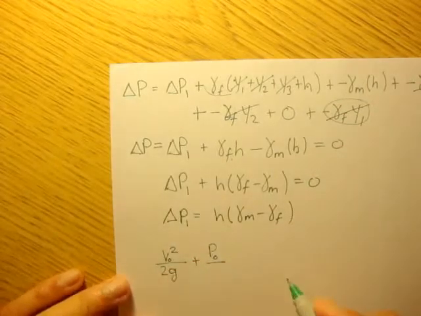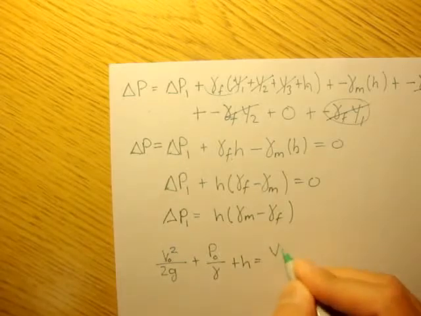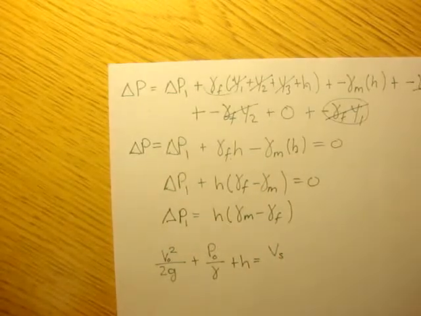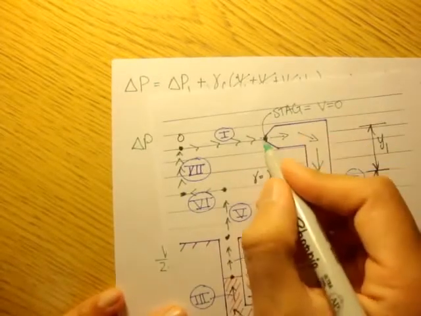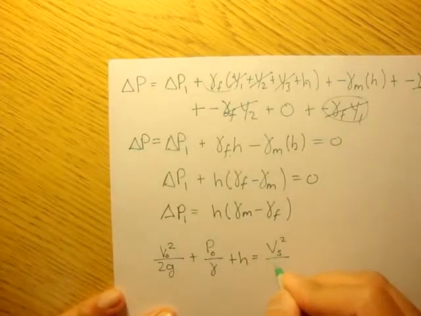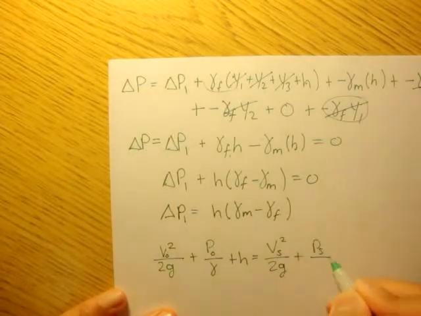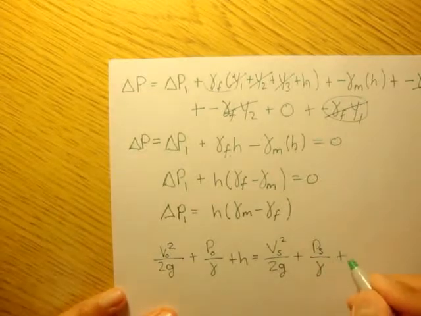So we can say V naught squared over 2G plus pressure at 0 over gamma plus H is equal to V at point S, that's the stagnation point here, right? V stagnation point squared over 2 times gravity plus the pressure at the stagnation point over gamma plus H.